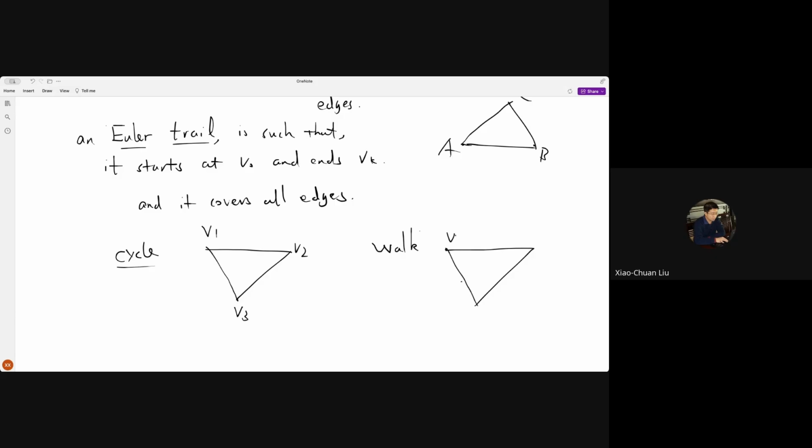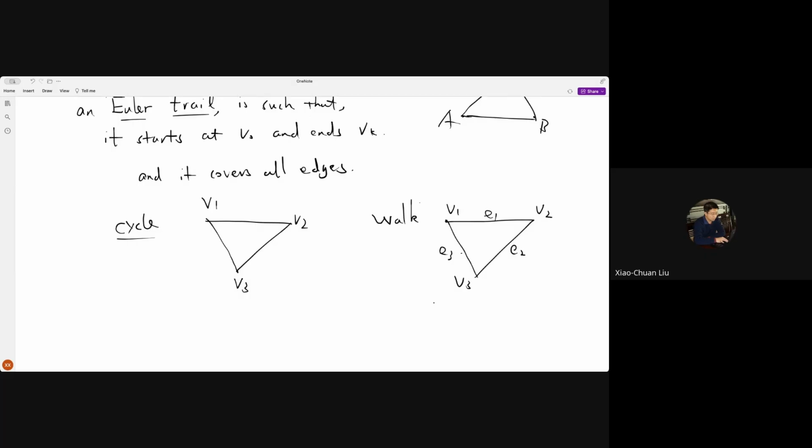You have V1, V2, V3, and you have, for example, E1, E2, E3. So by definition, a closed walk could be V1, E1, V2, and come back E1, V1, E3, V3, and E2, V2, and E1, V1. Okay.